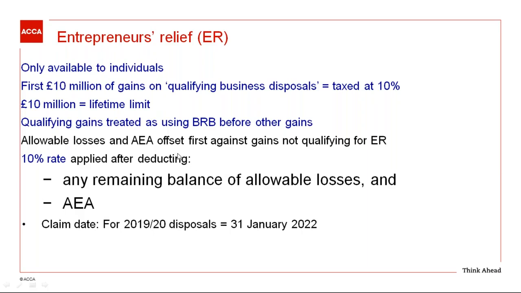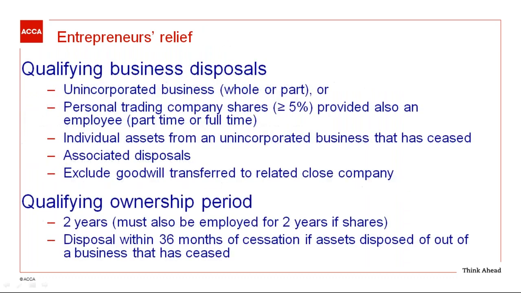Okay, so that is not a very important relief actually, but entrepreneurs relief is a very important relief here. Now you need to identify the situations where you can claim the entrepreneurs relief. Now entrepreneurs relief is available in several situations. One is a situation where you sell the unincorporated business.